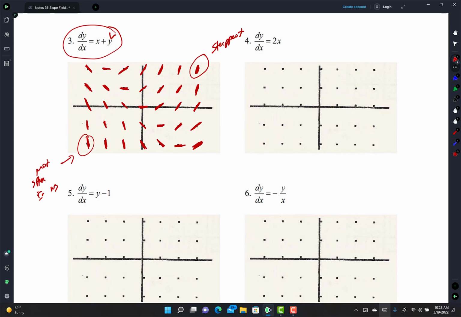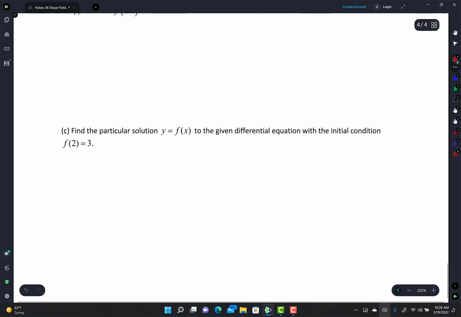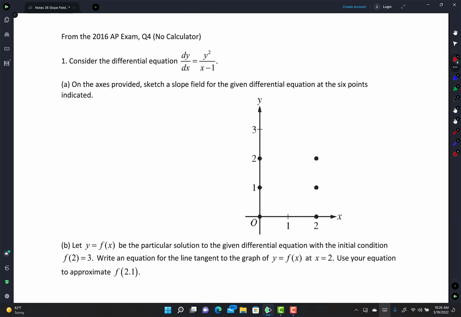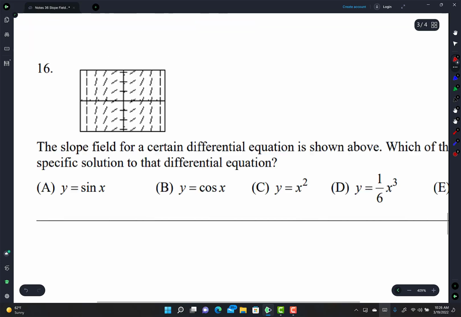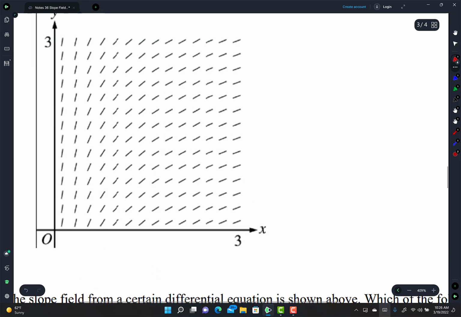Yes. How will we determine which is steeper than the other? Because some of them kind of look the same, but I know in my head which is which. Well, this is way too many points. The way it's going to look on the real deal is like this. Look how many points they gave. So this will be obvious when it's just this. Obviously, on this, you have to do nothing.